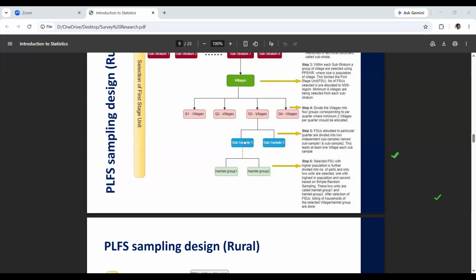One hamlet group, the largest hamlet group, is selected automatically. And if there are more than 2 hamlet groups, the second one is selected using random sampling.